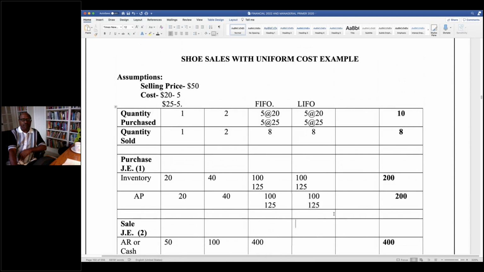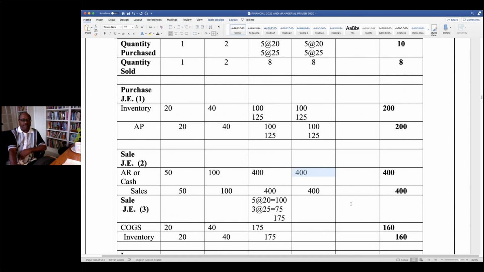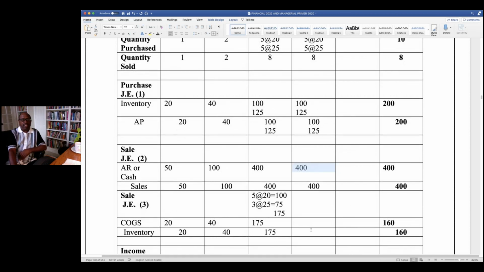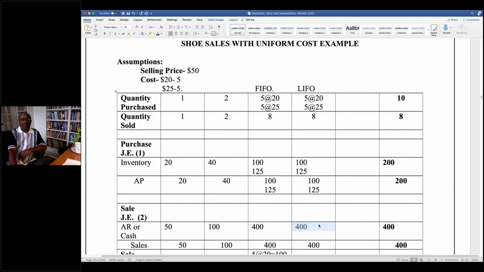Then when we're selling 8 at 50, the sales journal entry doesn't change. In fact, the only journal entry and the only thing that's changing is this cost of goods sold. Everything else stays the same, whether it's FIFO or LIFO.